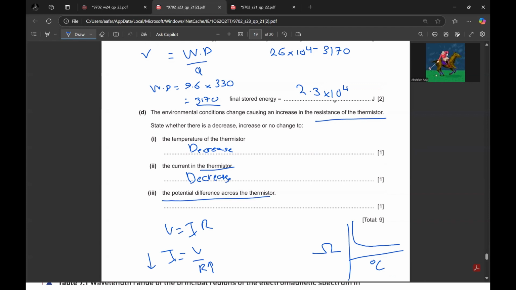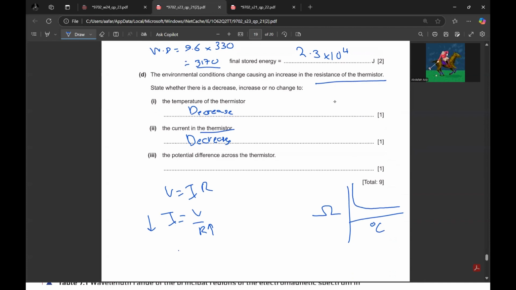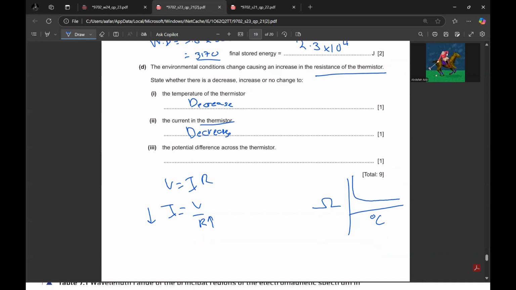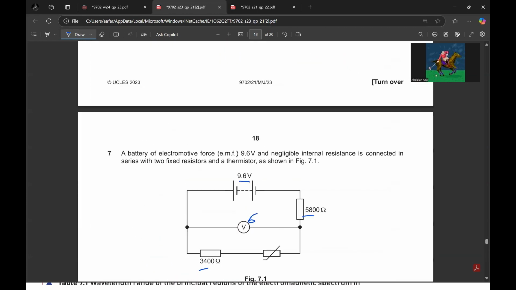The potential difference across the thermistor. We take V is equal to IR again. The voltage is constant, right? Let's hypothetically say the current remains the same.